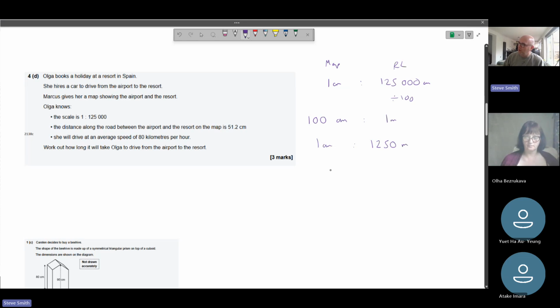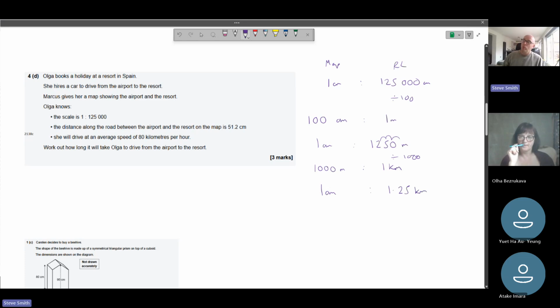So if we know again that there are 1,000 meters in 1 kilometer, then we can divide this by 1,000. So when we divide by 1,000, we go 1, 2, 3. So then we know on the map for 1 centimeter, we are the same as in real life, 1.25 kilometers.